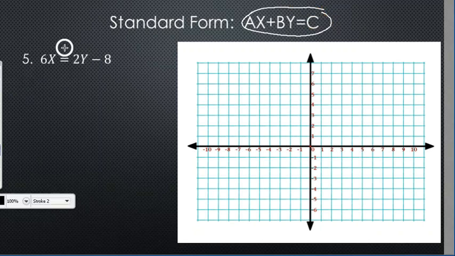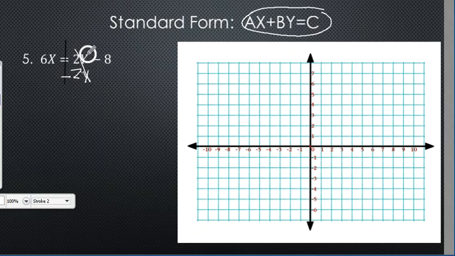So when we look at this equation right here, we have our x term on the left side of the equation. We have our constant term on the right side of the equation. So those 2 terms are where they need to be. But we need to move this 2y to the other side of the equation. So the way that we're going to do that is we are going to subtract 2y from the right side.